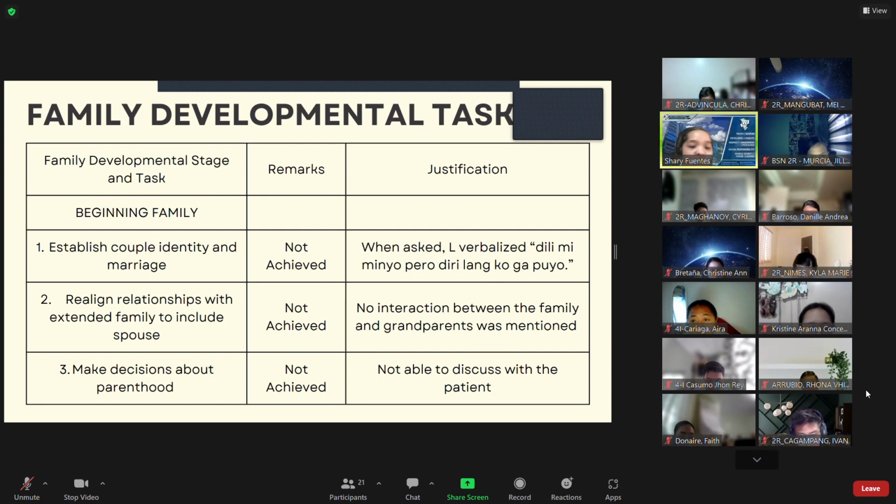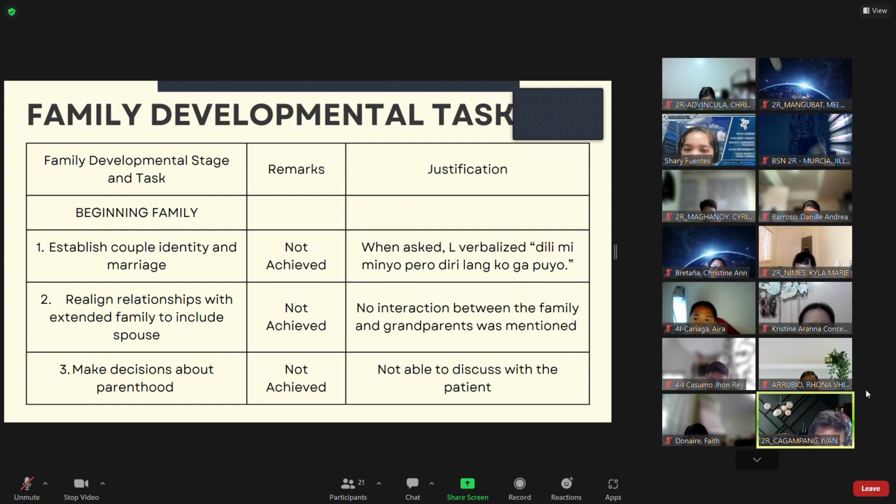The client just moved in. Why, what was the basis for your not achieved? Dili miminyo pero dili lang ko gapuyo. What does it mean? Sa verbalization sa patient ma'am na dili minyo pero dili lang ko gapuyo.